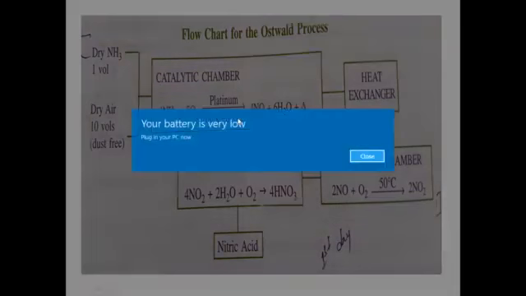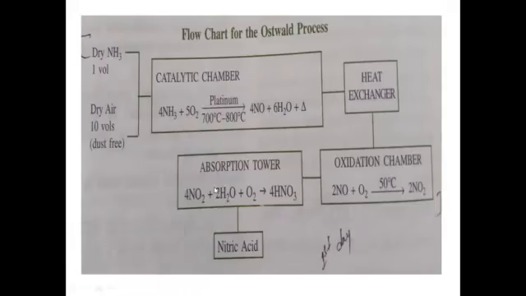A mixture of 1 volume of dry ammonia and 10 volumes of dry air is passed to this catalytic chamber where there is platinum, and the reaction that takes place in this catalytic chamber is this.